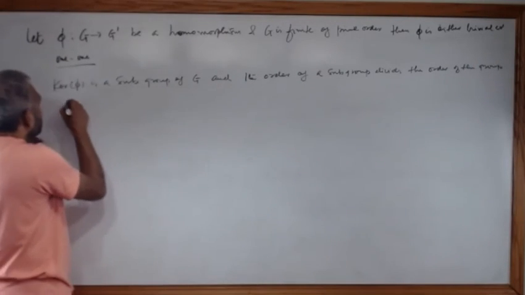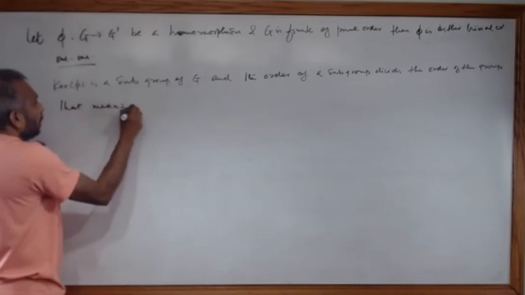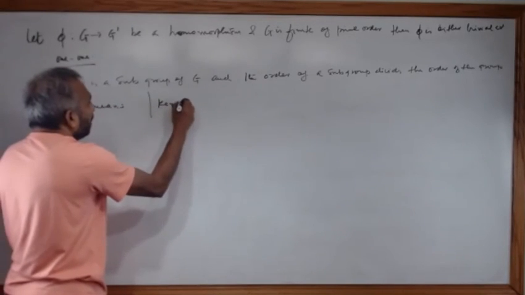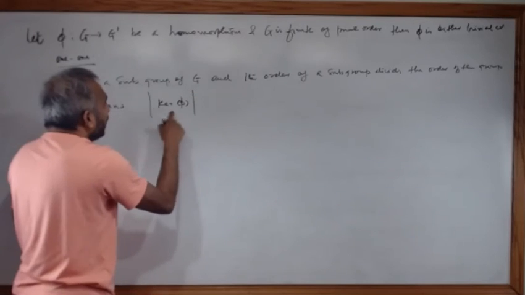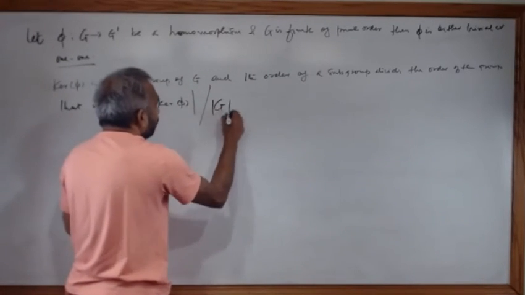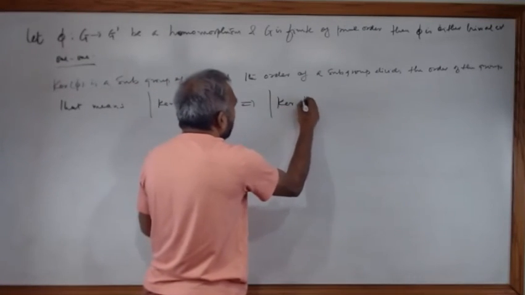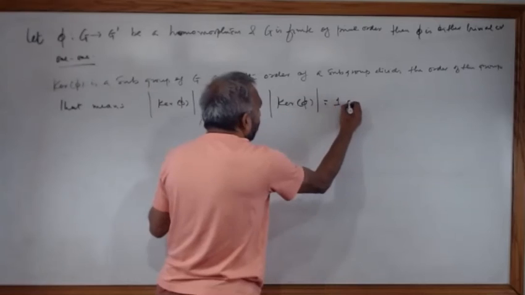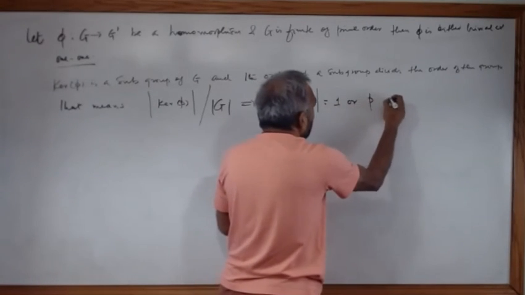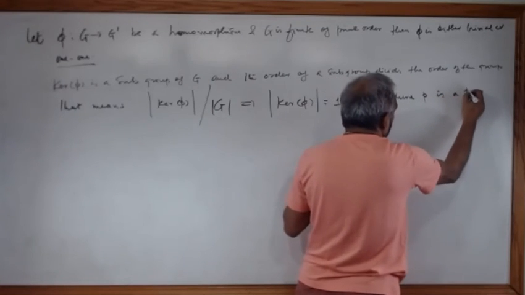So that means the order of kernel of phi divides the order of G. This implies kernel of phi is equal to 1 or p, where p is a prime.